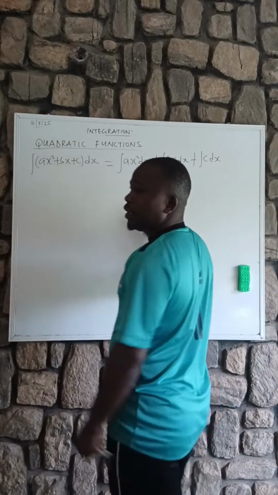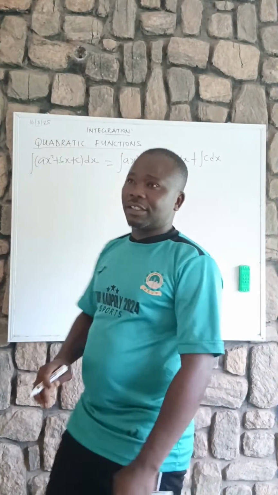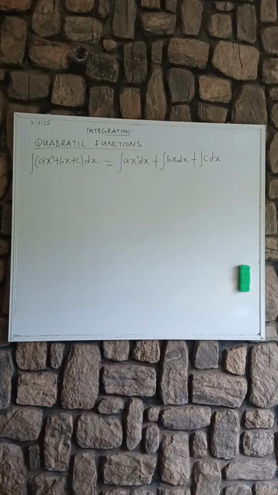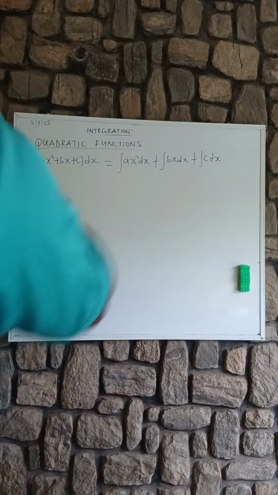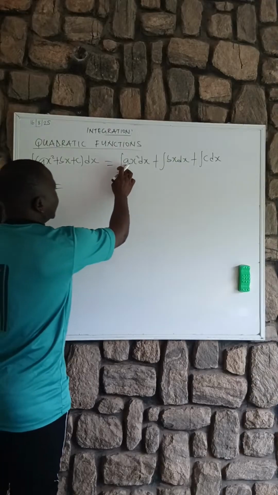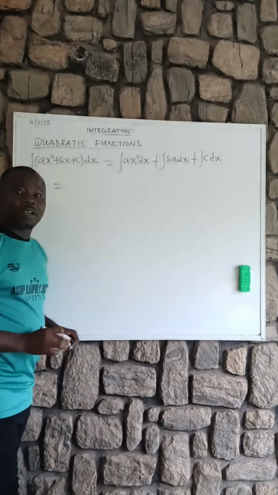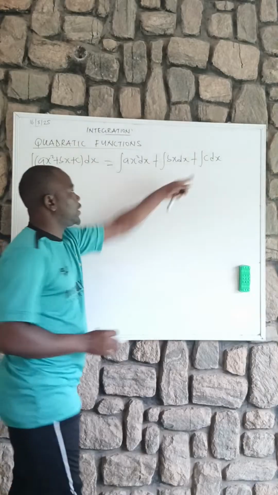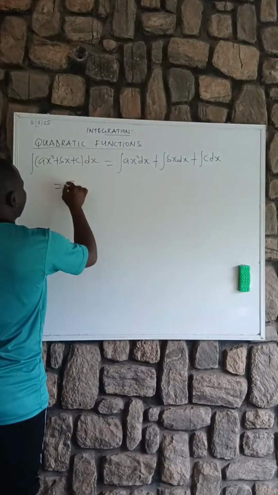It means this is the same thing as this. Look at the board very well. Do you agree with me? If you agree, it implies that a is a constant, and we can factor it out from the integral. So let us factor it out.